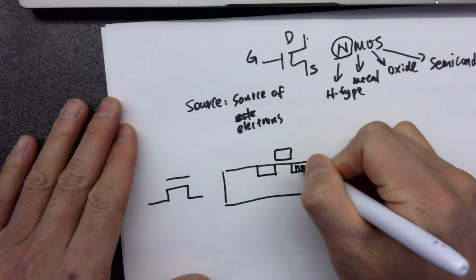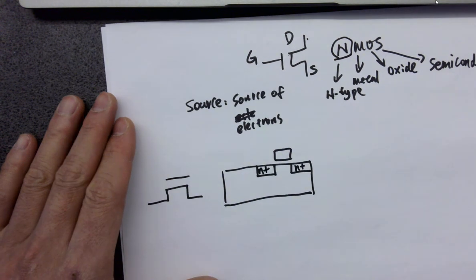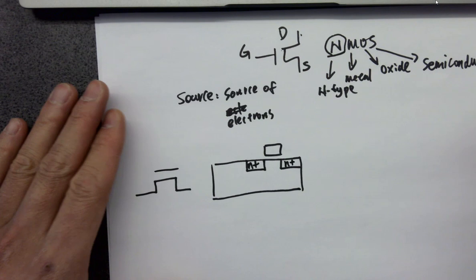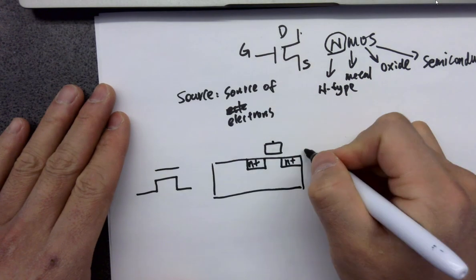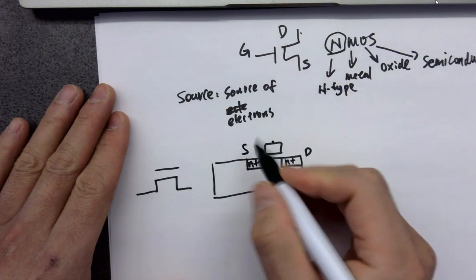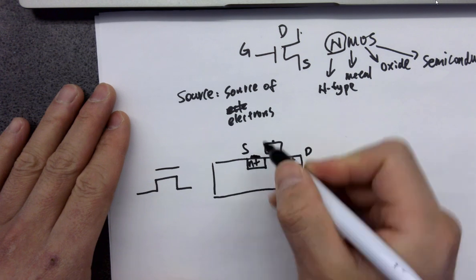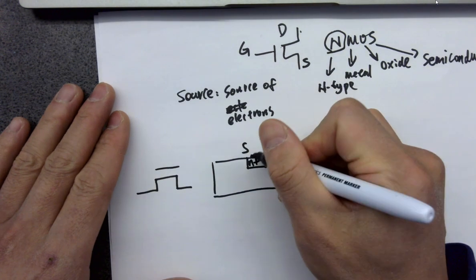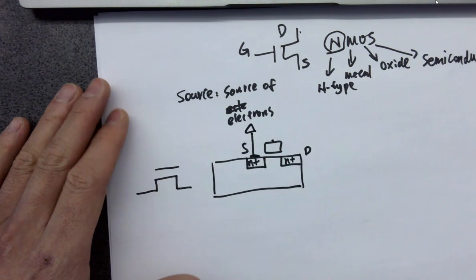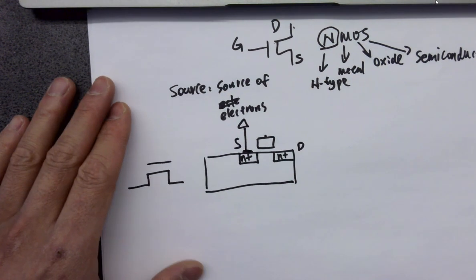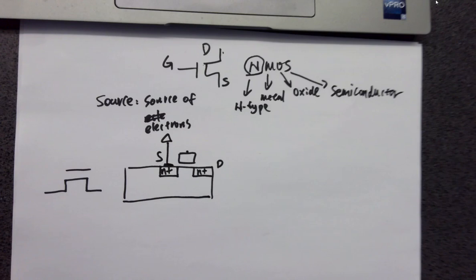Yes. So drain, source, usually you have a little metal contact like a via or something, with a wire on it, and we usually short source to ground, for example, for the first example we're looking at.